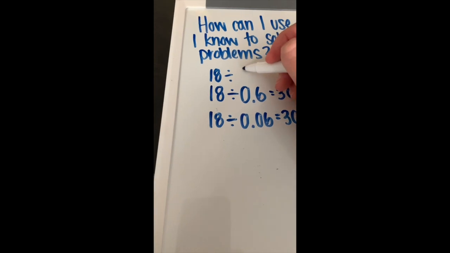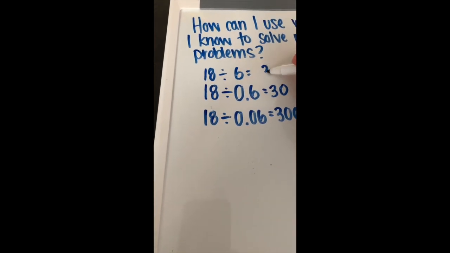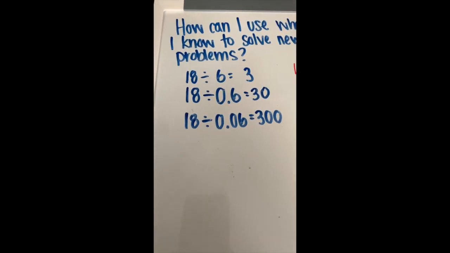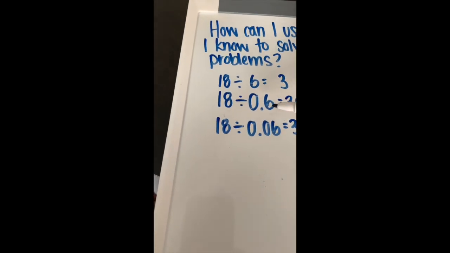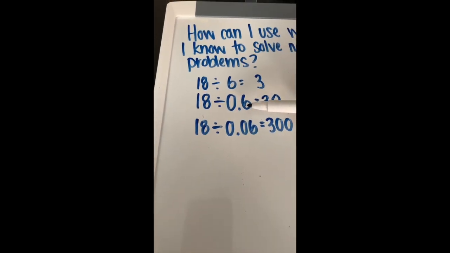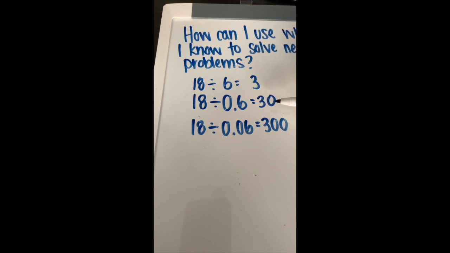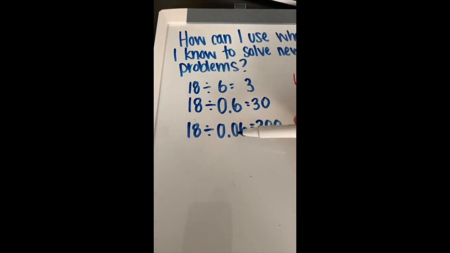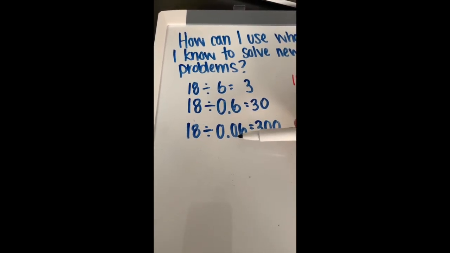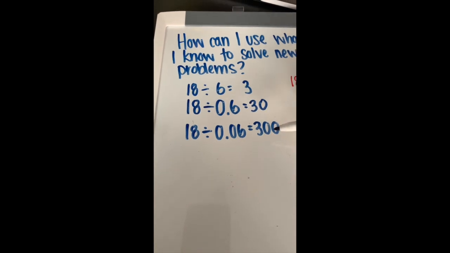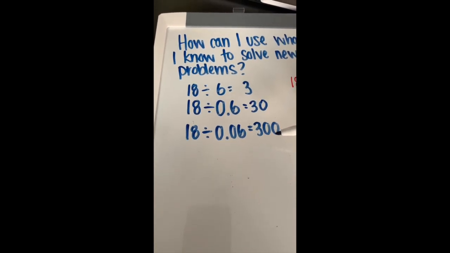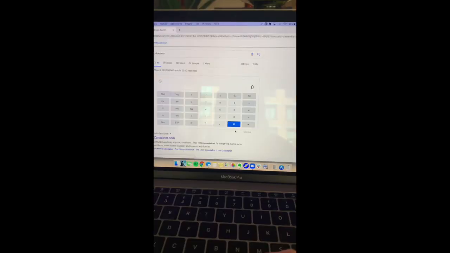When I had 6, my answer was 3. I made my divisor 10 times smaller, and my quotient grew 10 times. Now I made my divisor 100 times smaller, and I'm thinking that my quotient is going to grow 100 times.